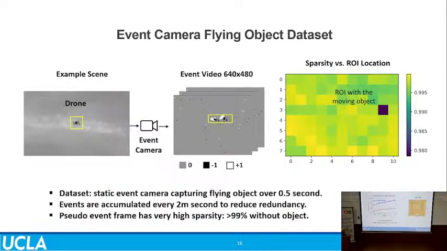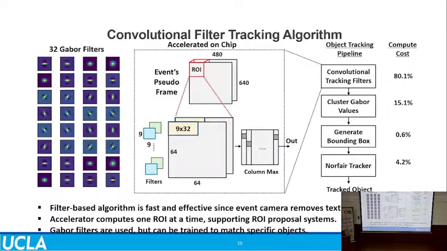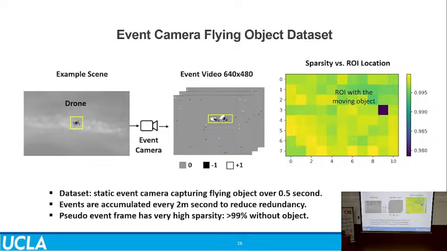So here, basically, each filter is space and time both. It's x, y, and time dimension, just to clarify. Here could be an example scene. You're capturing something from, let's say, a drone, and you put an event camera that gives you this sequence of events.